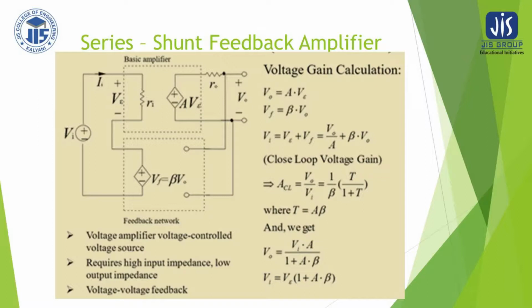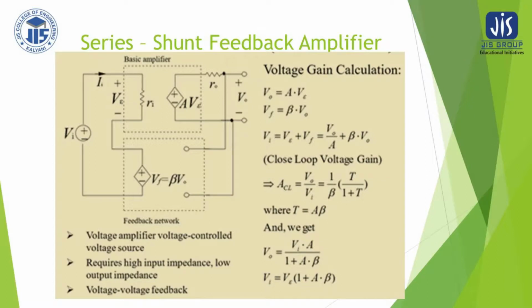So writing KVL at this input, we are getting Vi plus Vf equal to 0, or Vi is equal to, instead of Vf what you can write, it is beta V0. So it is minus beta V0. So this is one thing.